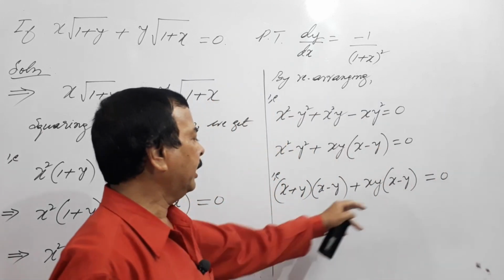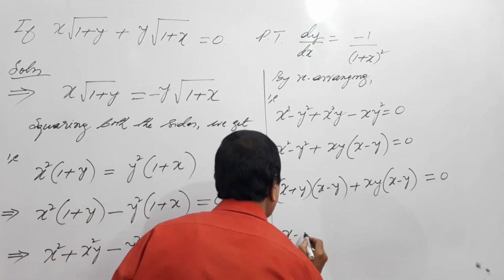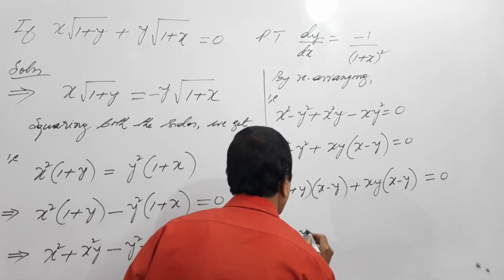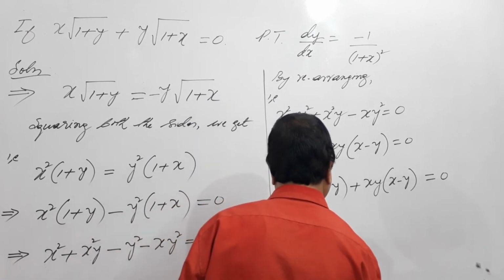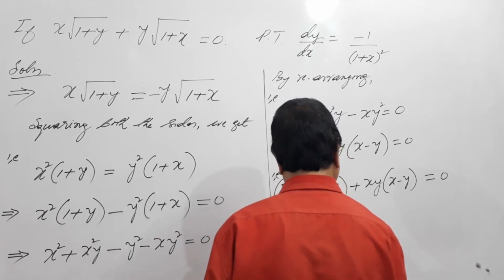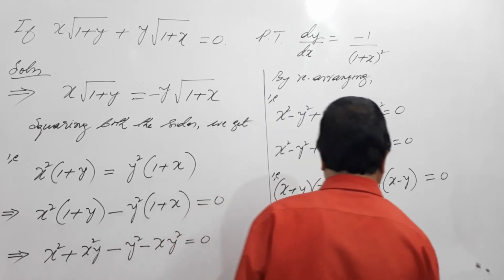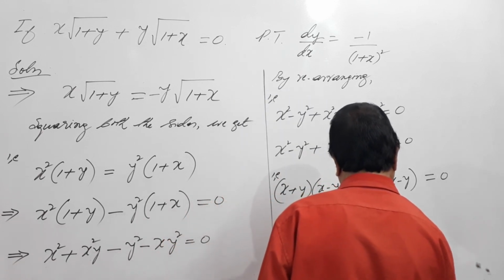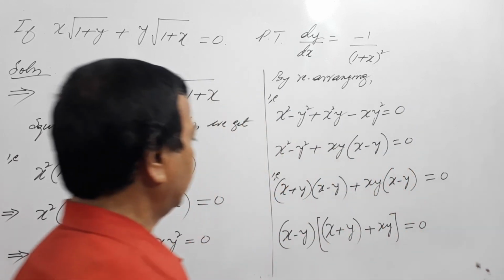So what I do, I take x minus y common. So x minus y common, so we are left with what? x plus y plus xy equals to 0.